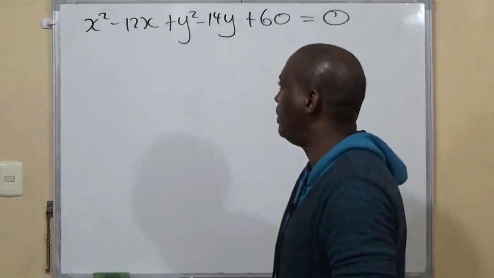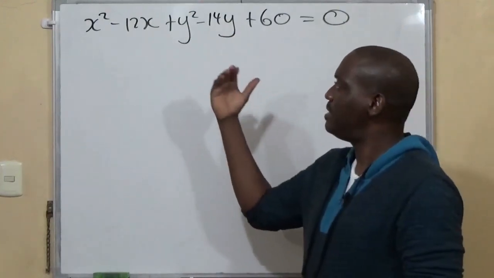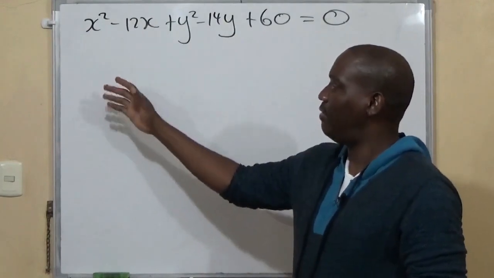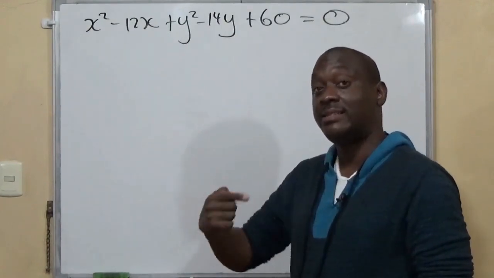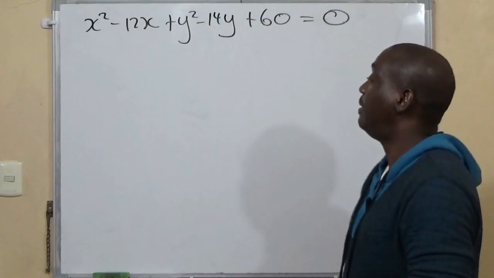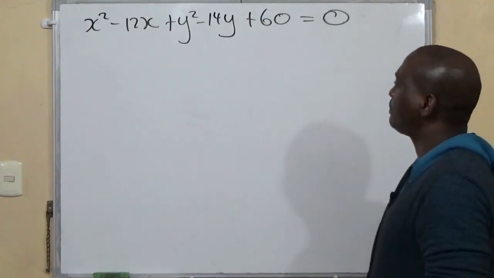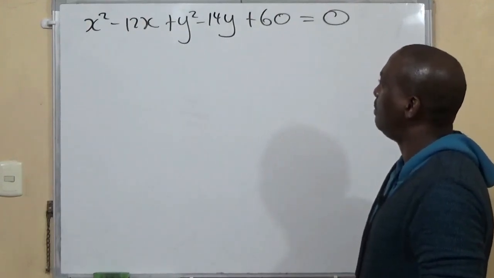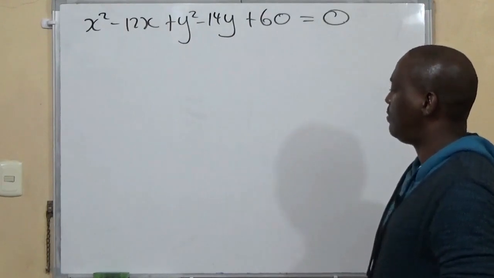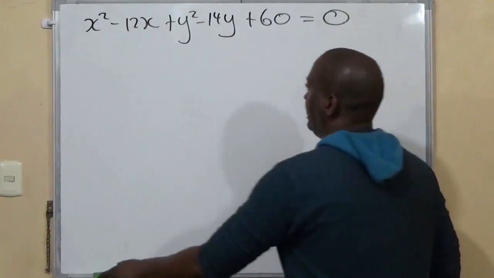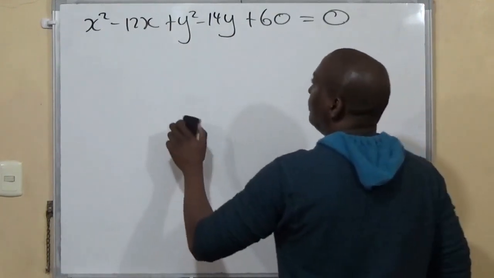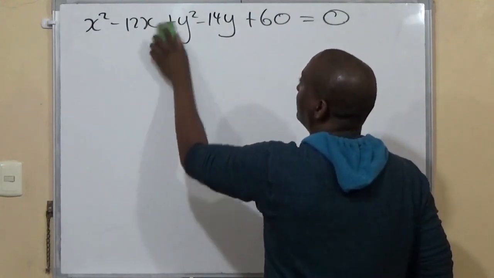Remember, to switch from general form to standard form, the technique is to complete the square. Again, no, I wrote this out the wrong way. Let me write it out how it's supposed to be written. Hold on.